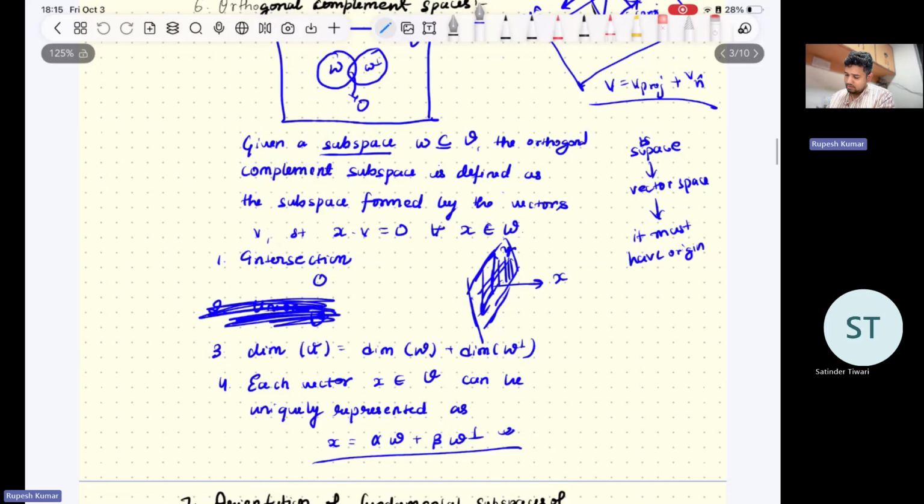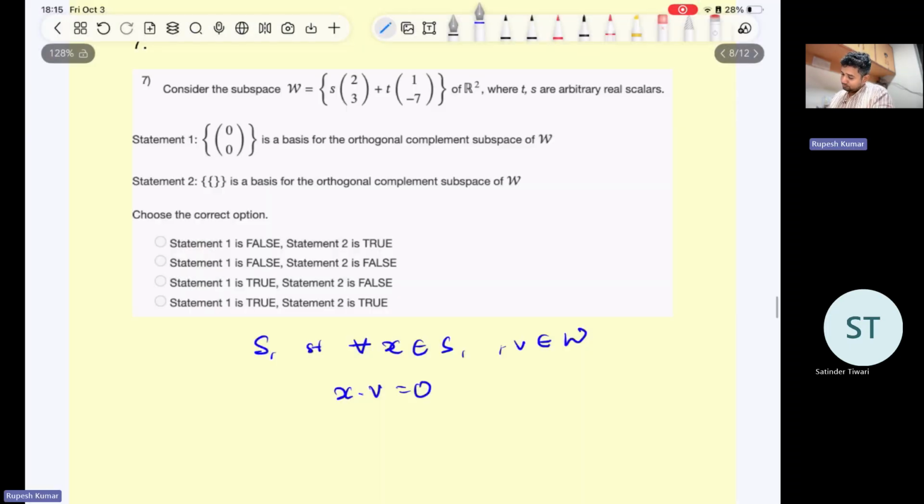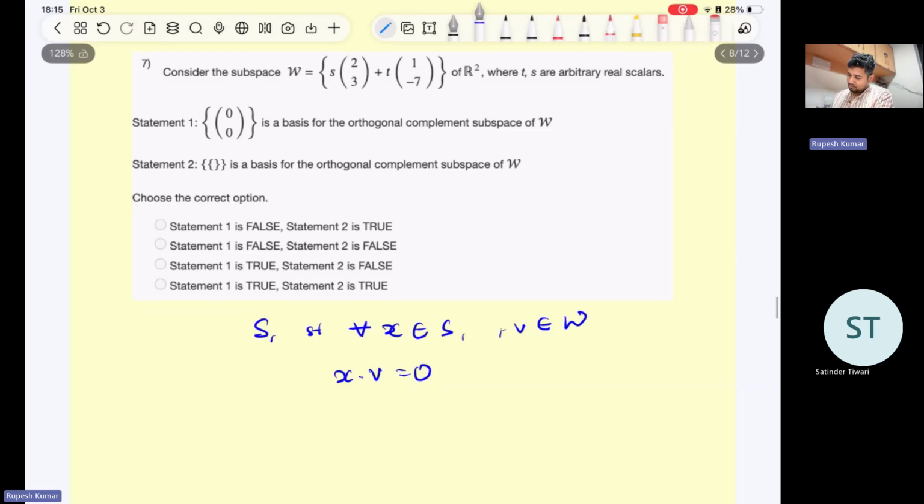Right, so let's try to solve this problem. Now we have a vector. We can write our V as 2S plus T and then 3S minus 7T.